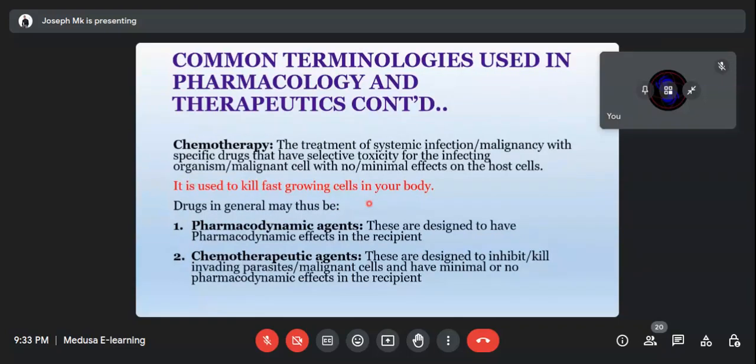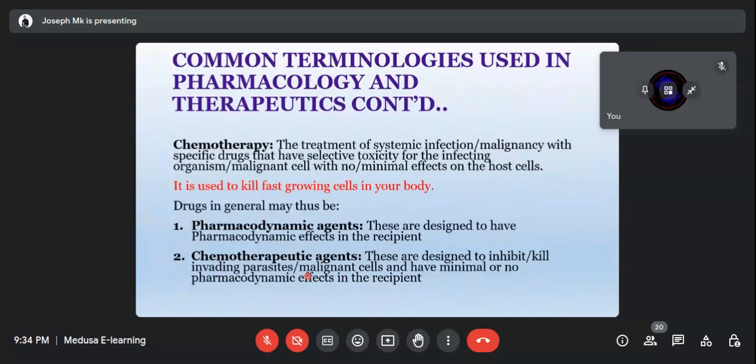For these ones, I talked about the side effects like rashes, like vomiting. Once you undergo chemotherapy, these parasites are invading inside malignant cells, like let's say those cancer cells. Even once you are treating that, the drug will go inside there and kill the cells.